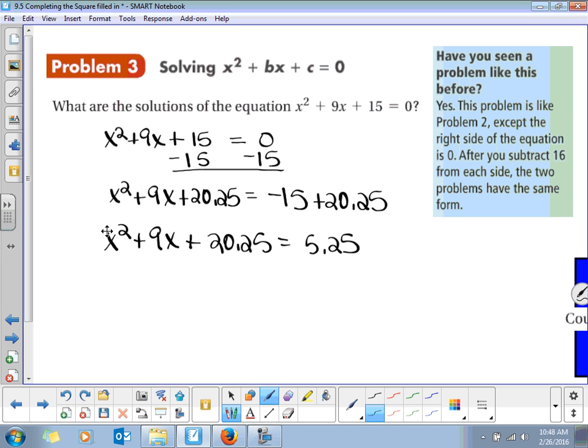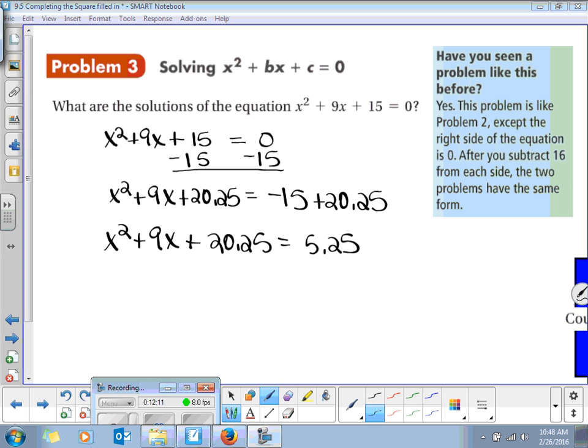All right. So now we want to factor this. Of course, we're going to end up with some kind of decimals, right? We already know what we squared to get 20.25, right? That was 4.5. And when we add 4.5 plus 4.5, that's going to give us 9, right? So we already know what our second term is going to be in our binomial.